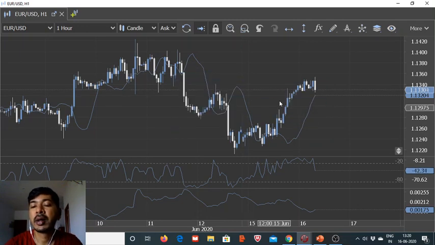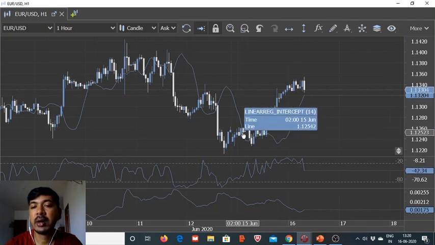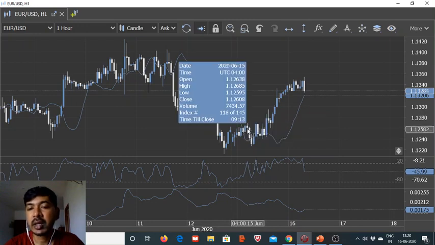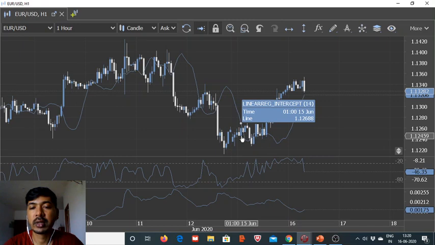So suppose let us take the example of the buy side. So now as you can see here, the time is 3 GMT of 15 June, and here as you can see the last hourly candle close has happened above linear regression intercept, and we will make sure that just say 2 hours back the price action was in bearish territory, that is below the linear regression intercept.